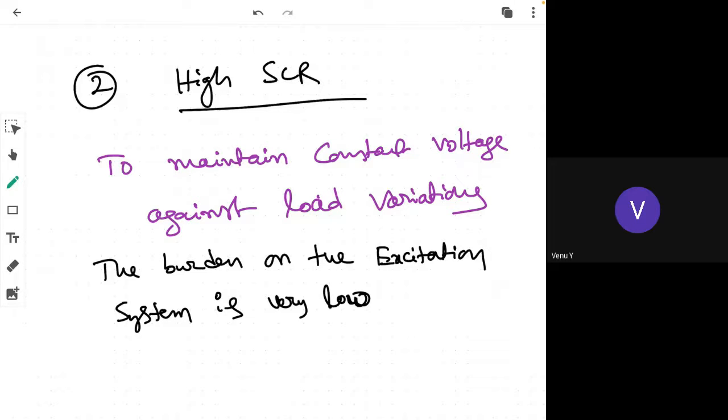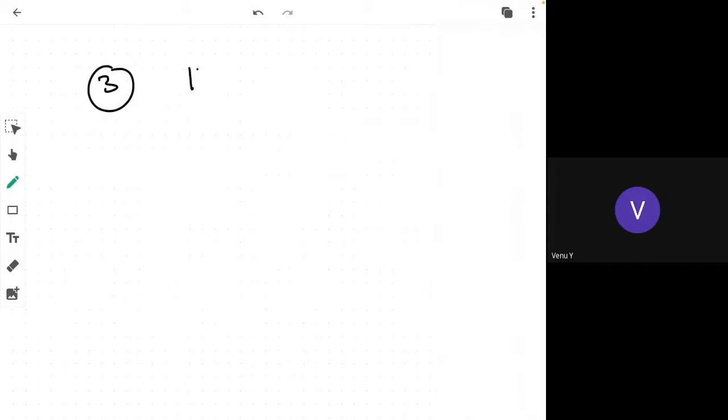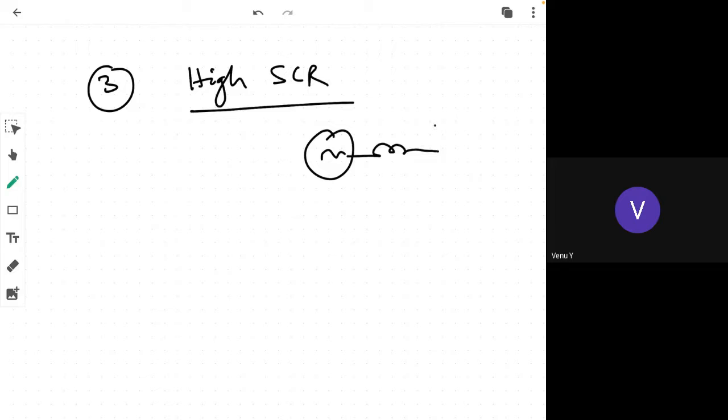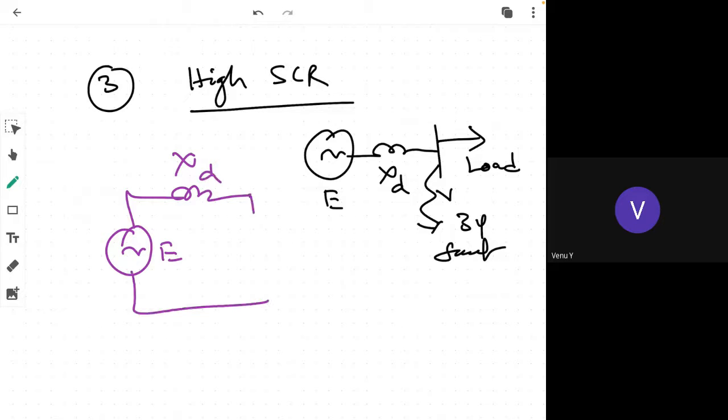Coming to the third point, point 3, high SCR. Here the generator is feeding the load. This is XD, E and V. When a three-phase fault occurs at the bus, what happens? Very simple. The generator, this is E, and reactance is XD, and the short circuit occurs here.